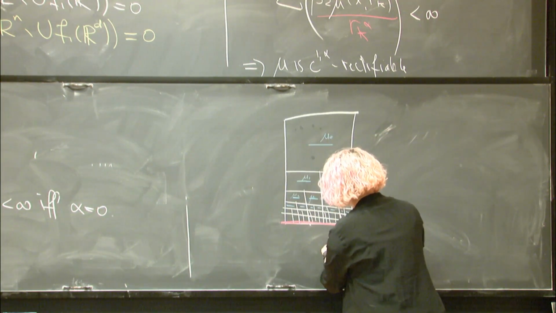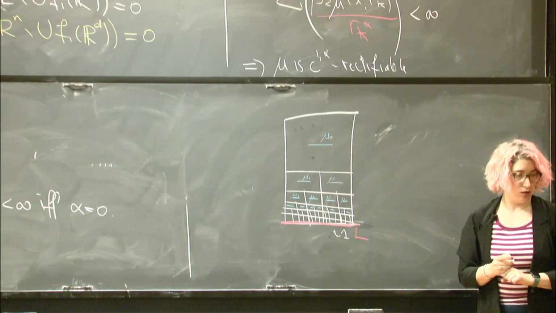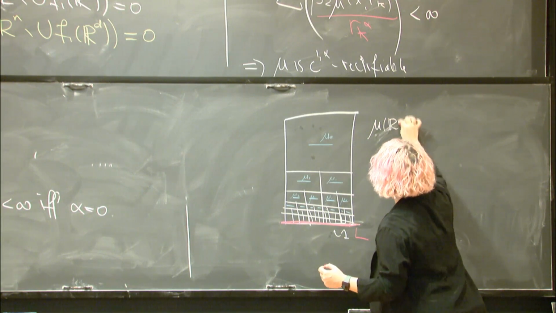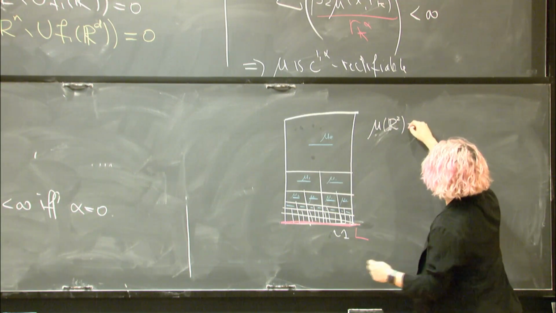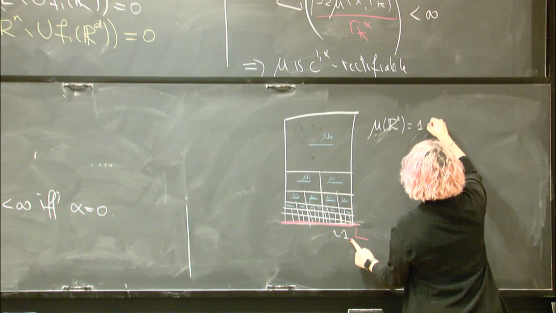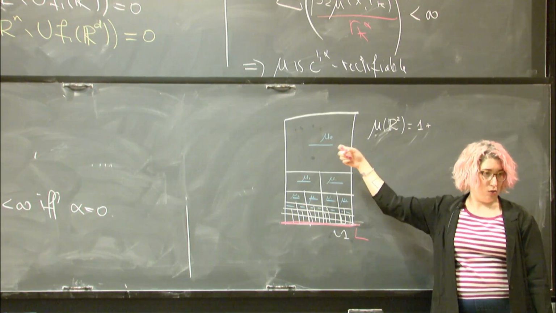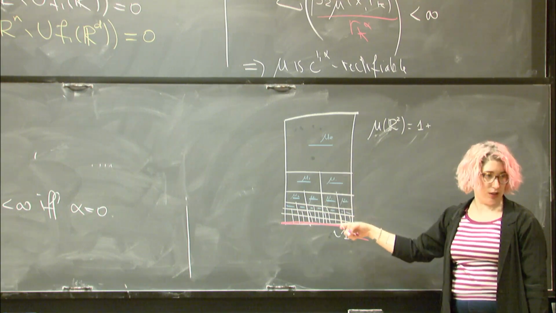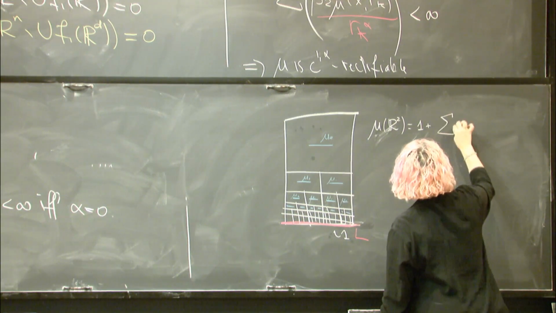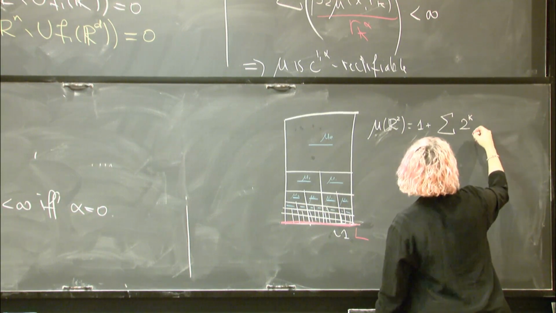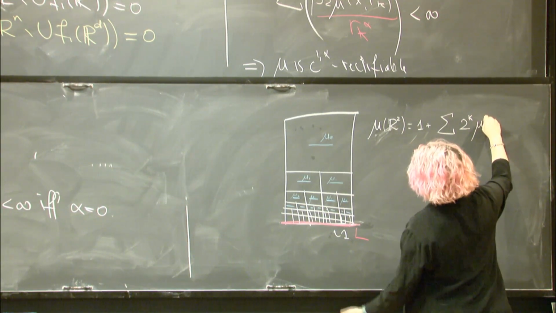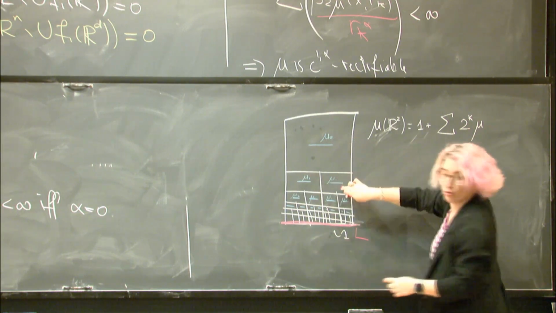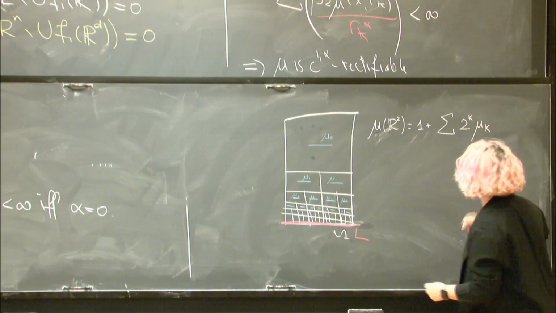And this is my measure, and my measure mu gives mass 1 to the unit interval. So my measure mu of the whole plane is going to be 1 for L, and then I have to sum one time mu 1, 2 times mu 2, so I have to sum 2 to the k times mu k.